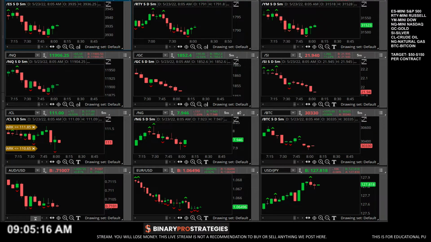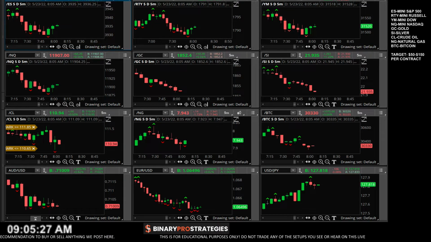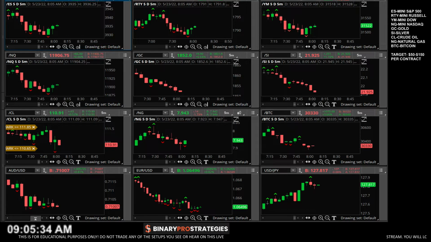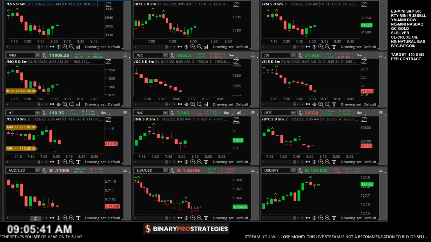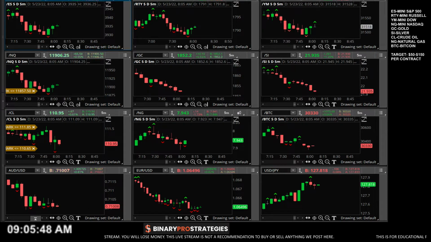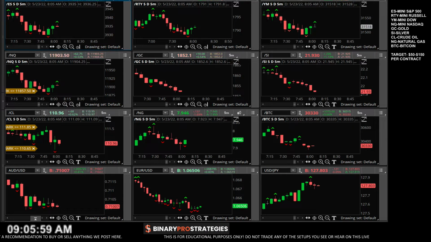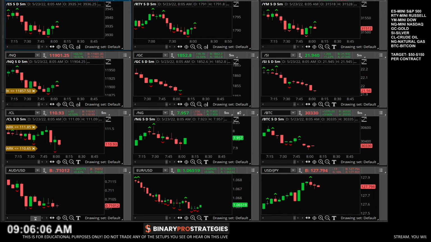NQ target is going to be 118.57 and a half. And then of course, if it doesn't hit target, reversal is going to be 119.70.